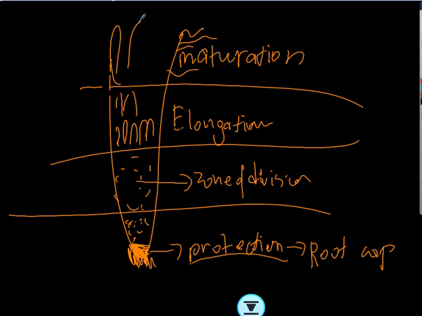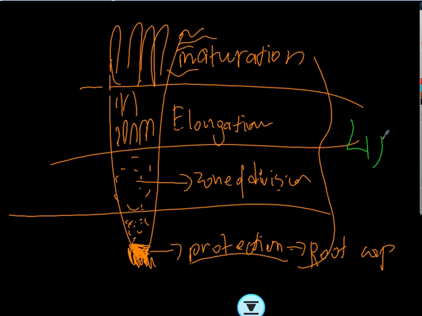Then here will be mature cells. This is how the root forms in 1, 2, 3, 4 zones. It has 4 zones.